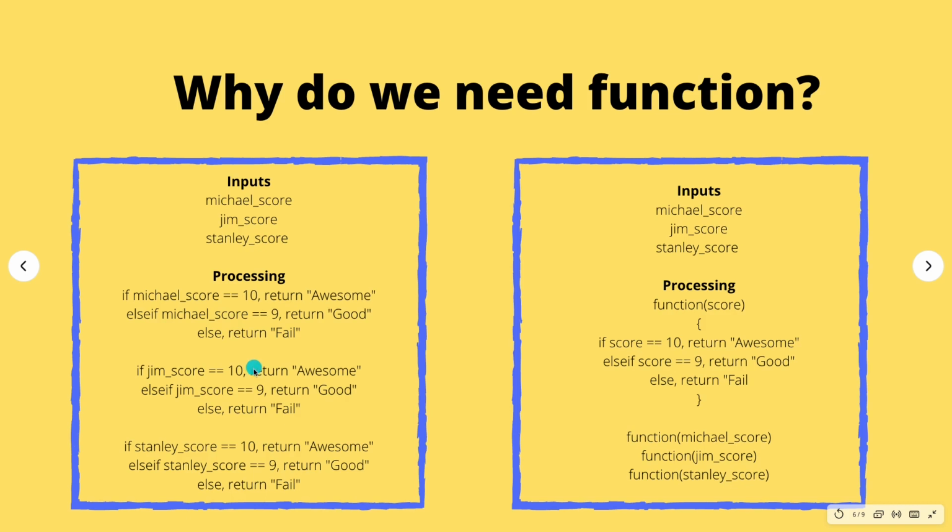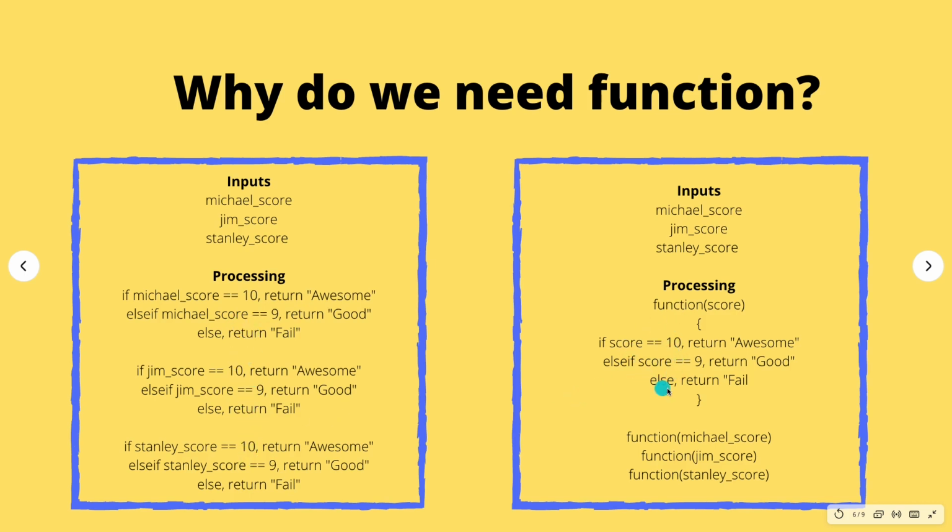So instead of copy and pasting 3 lines, we just reduce it to 1 line, which makes things much easier for you to manage. Also, in the long run, if you want to make some changes to the grading system, so for example, if score is equal to 8, return normal, then if you don't have a function, you have to delete and key in the new requirement for each variable, right?